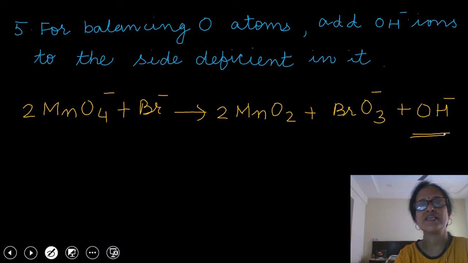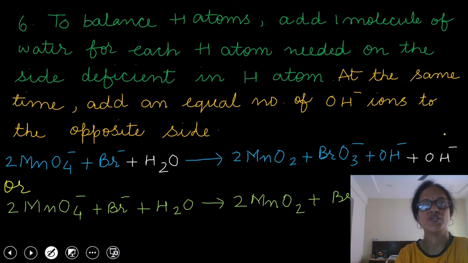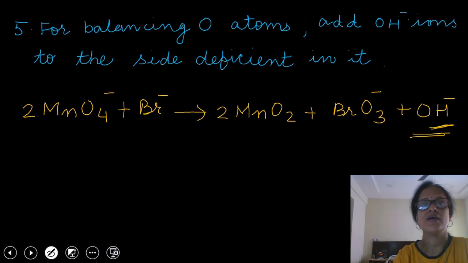Now the only unbalanced atom is the hydrogen. For balancing hydrogen atom, we have to add 1 water molecule. Please listen carefully. We have to add 1 water molecule for each hydrogen atom to the side which is deficient in hydrogen. If the reaction is taking place in basic medium, you can balance hydrogen by a very simple trick I am going to tell you.